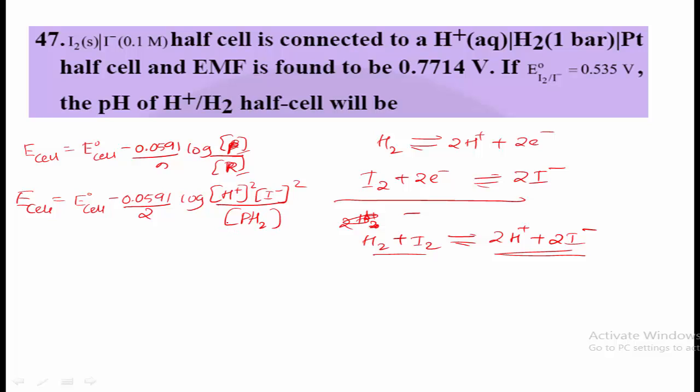Since hydrogen is a gas, you have to take the partial pressure of hydrogen gas, and since 2 H plus ions are there, the concentration of H plus square is written.